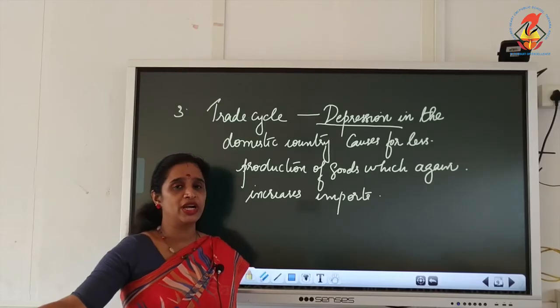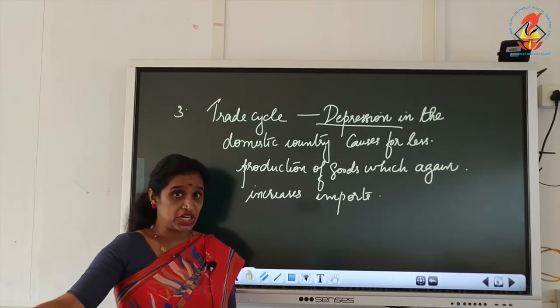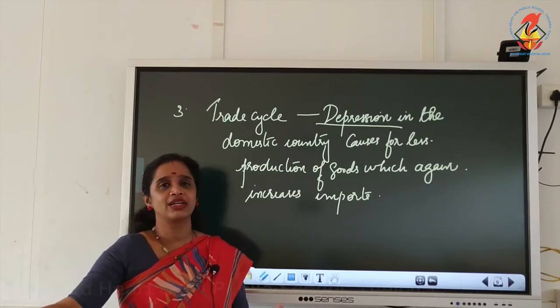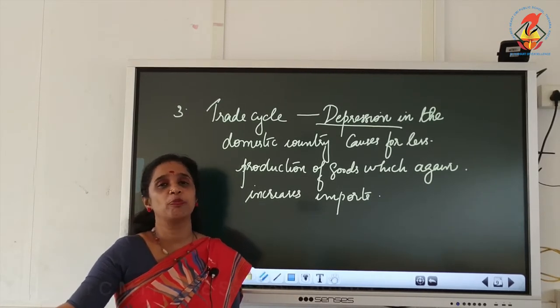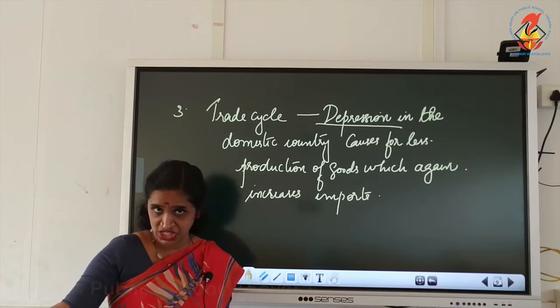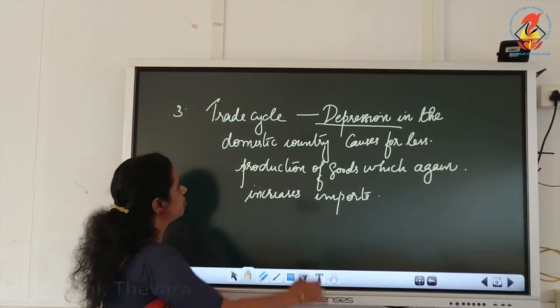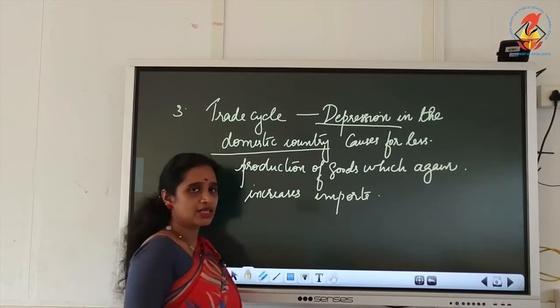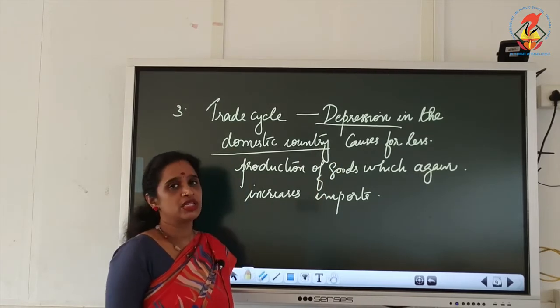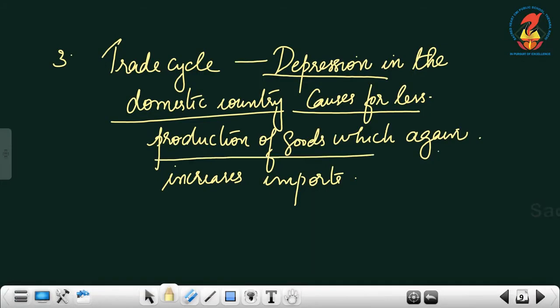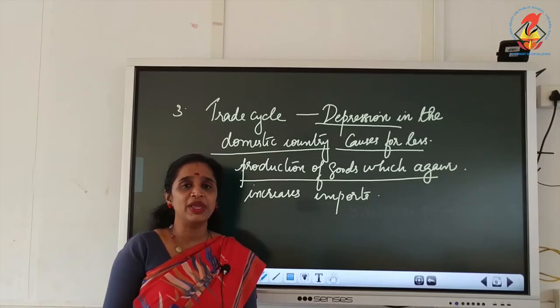Resources will not be properly utilized in a country, production will not take place properly, the functioning of all the activities will not take place properly if an economy is faced with depression. If India is facing that kind of problem, this causes less production of goods in our country.